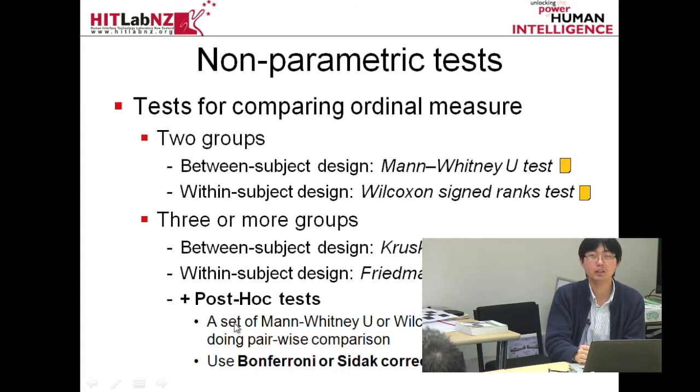But unfortunately, many statistics tools don't run these post-hoc tests automatically for non-parametric tests. So you'll have to do it manually by running the 2-group test in a pairwise manner. And again, you'll have to adjust the alpha level using Bonferroni or Sidak correction when you are doing pairwise comparison.